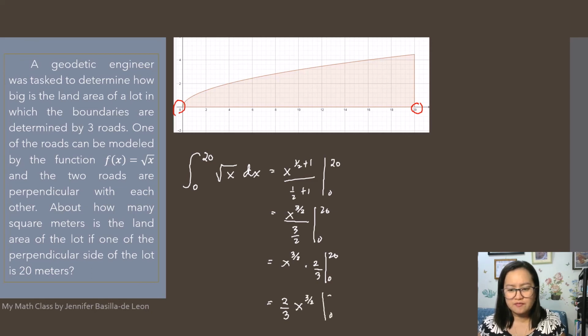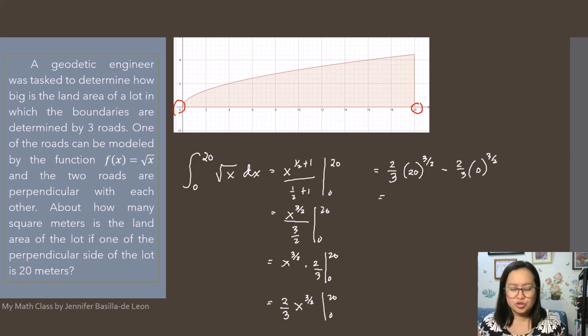Now we evaluate the given function at x equals 20. So we will have 2/3 times 20 raised to 3/2 minus 2/3 times 0 raised to 3/2. Now the subtrahend will just be equal to 0, so we'll just focus on the minuend.